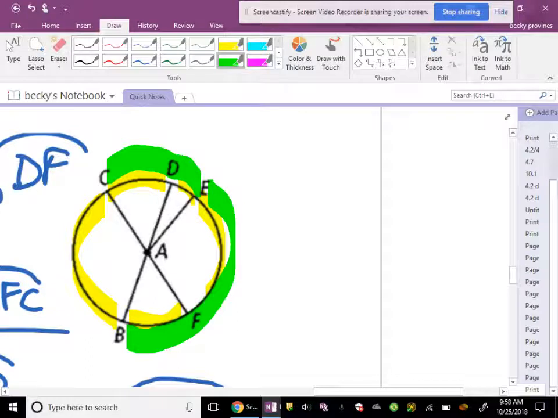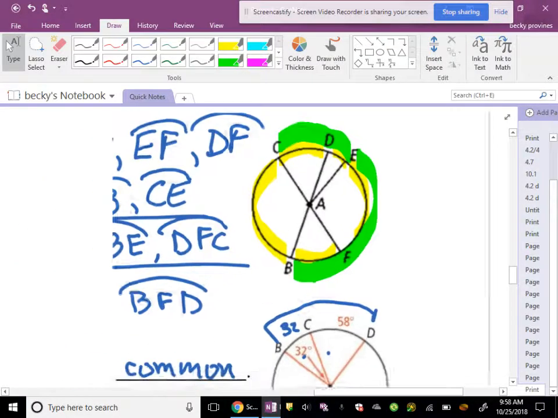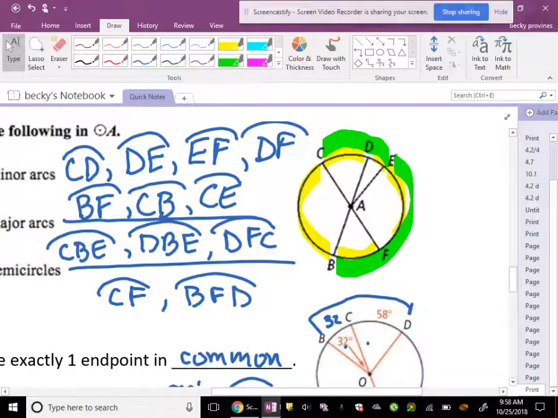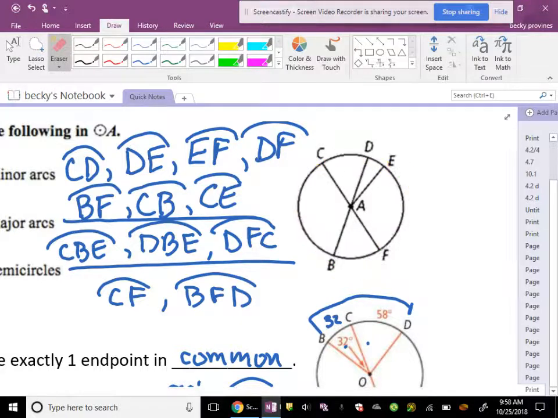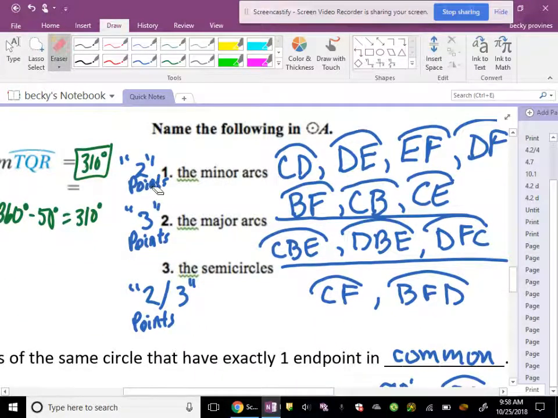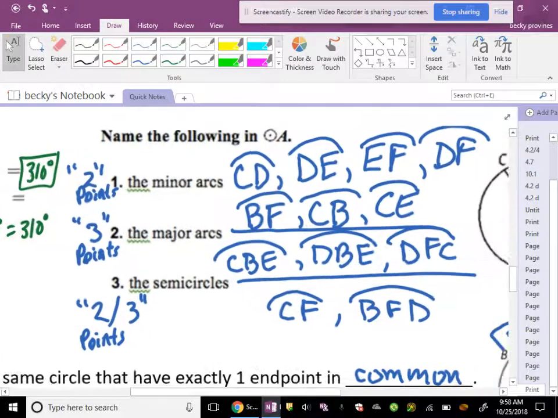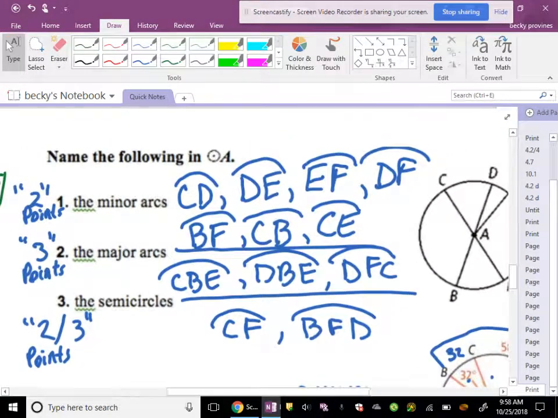B to E. That's a minor arc. So I'm not even going to list them all, guys. There are so many. I'm not going to make you list them all because that would take forever, and we don't have time for that in this video. So just list 2. And I have a big list here. List a couple, check the list, and make sure they're on there.